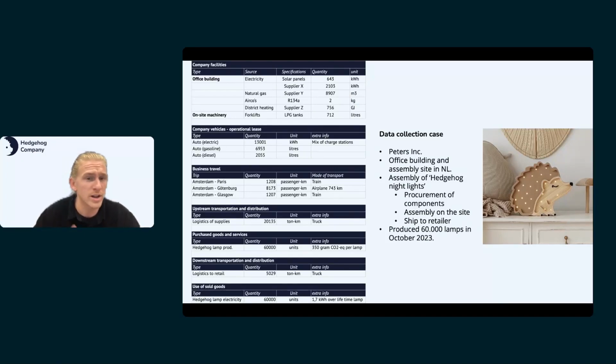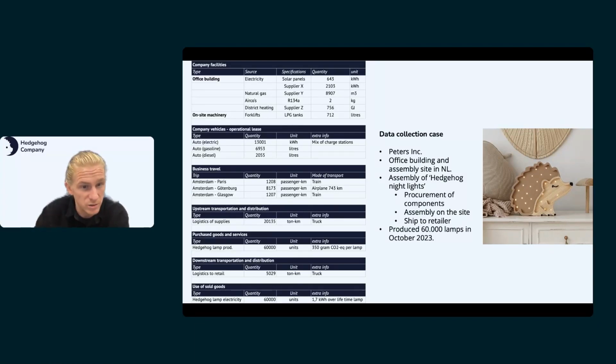That's also why I was mentioning that when you're going for the Pro version, we prefer to be there to put in the input, because then we calculate what purchased goods are necessary for this specific Hedgehog light, and how many kilograms of CO2 there are per product. So we've calculated for this case that there are 350 grams of CO2 equivalents from purchased goods needed for the production of one single lamp. And therefore, when we are in the dashboard, we're filling in the units.